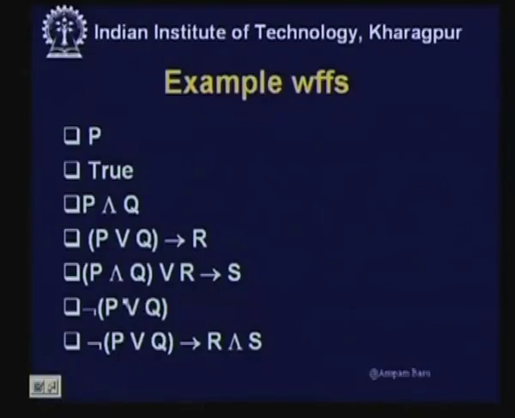And since this is a valid sentence, if I apply the not operator over there, that is also a valid sentence. Similarly, here you see that not of P or Q implies R and S is also a valid sentence.